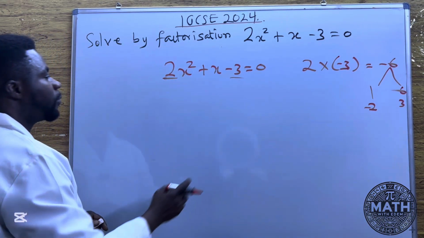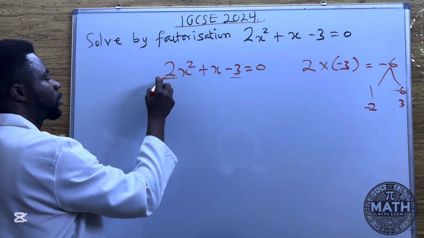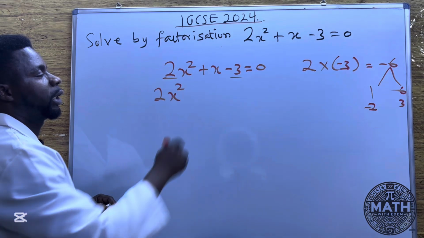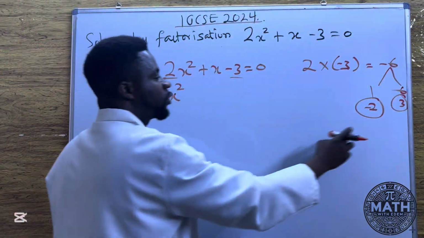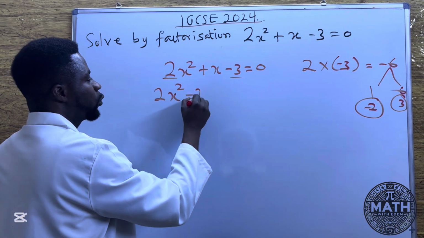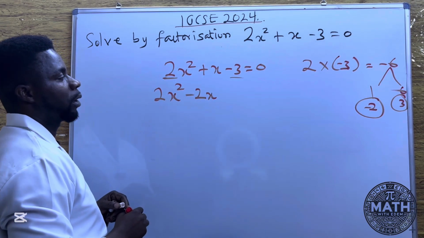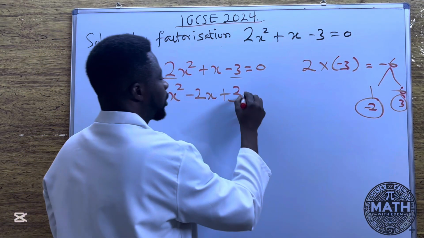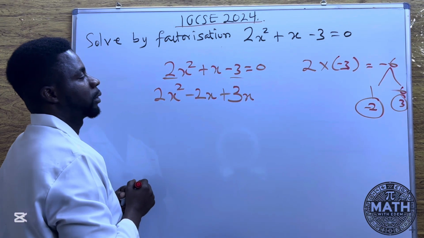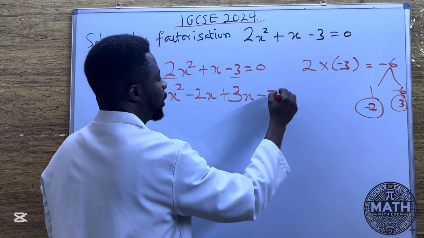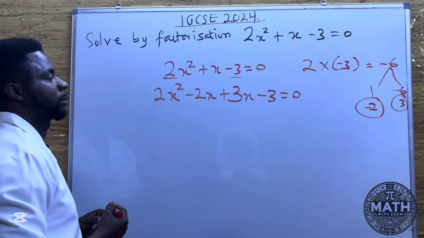So I'm going to write 2x squared. Now instead of the x, we are going to use negative 2 and 3. So negative 2x plus 3x minus 3 equals 0.